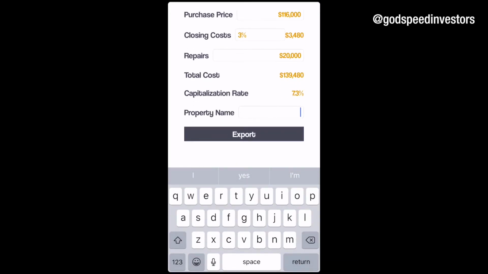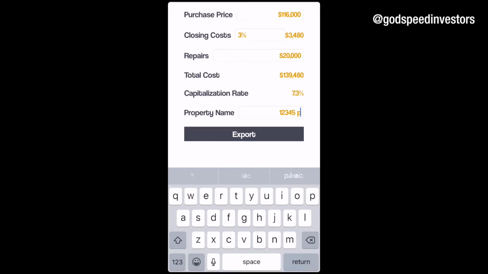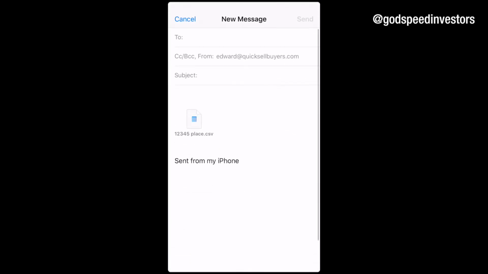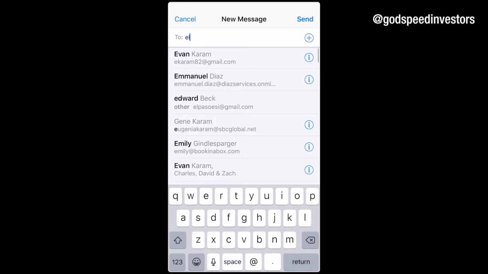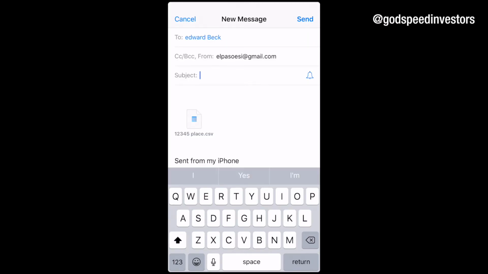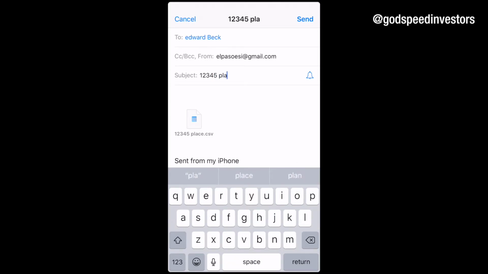Okay, and then you can export it, 1 2 3 4 5 place, right? Hit it in an email, shoot it to yourself, right? Put in here the name 1 2 3 4 5 place.